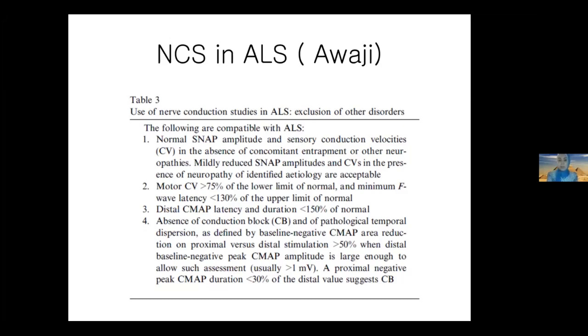For example, a patient who has long-standing diabetes, his sensory nerves might be affected, but that would not disagree with the diagnosis of ALS if I find the other signs are present. The motor conduction velocities are more than 75% of normal, and the F wave less than 130% of normal. There is no conduction block, there is no temporal dispersion. Why? Because if I find anything against this, we would think about demyelinating polyneuropathy.